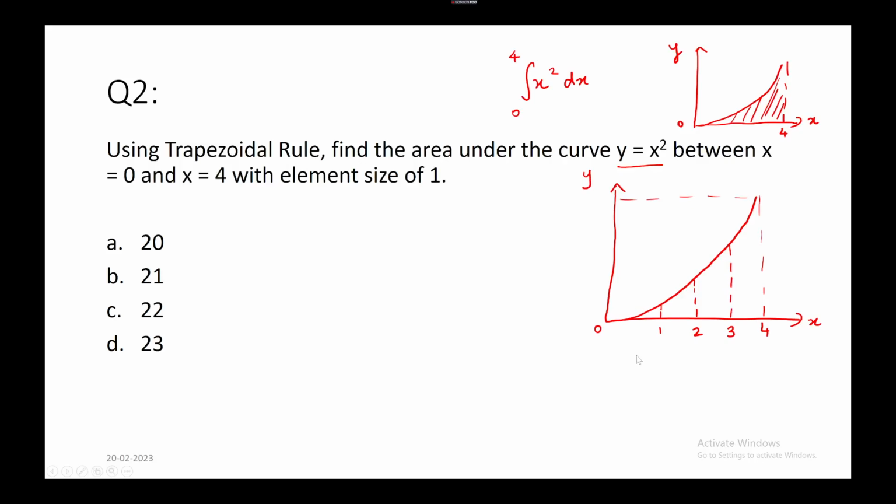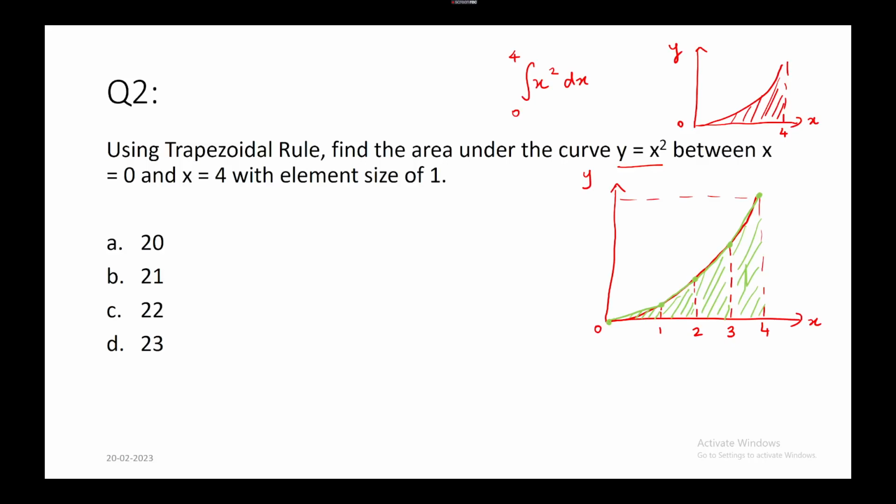I'll choose another color now. Basically, at each level you are going to do a linear interpolation and calculate the green color area. So this green color area may or may not be equal to the original area under the red color curve.